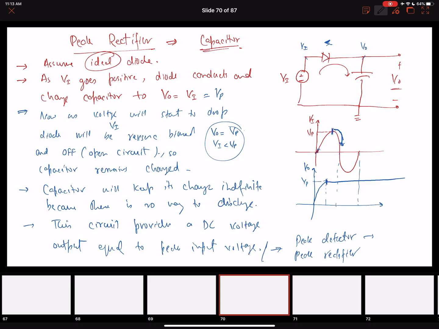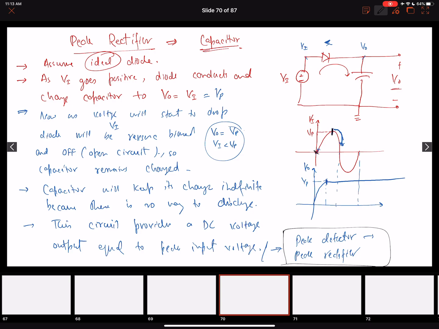In this analysis over here, in a peak rectifier circuit or a peak detector circuit, we saw that if we just connect the capacitor after the diode, and over here we are assuming the diode to be ideal, then as soon as your positive cycle starts, the capacitor will start to charge. And when this reaches the peak voltage, the capacitor will be fully charged.